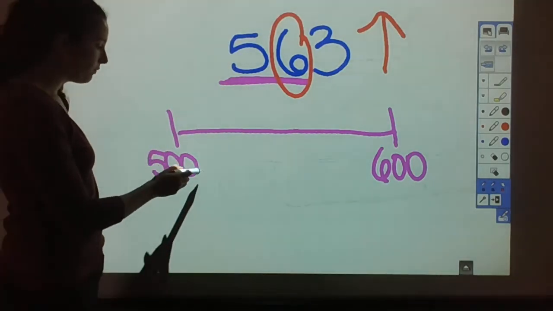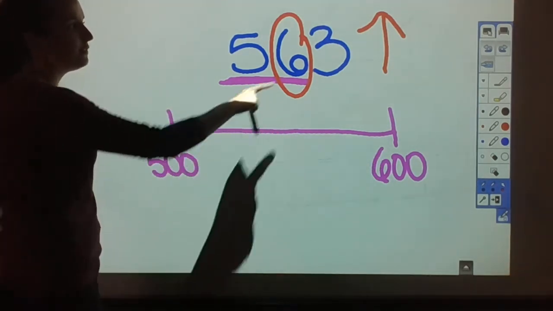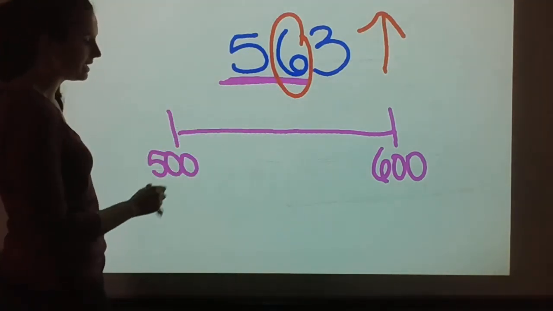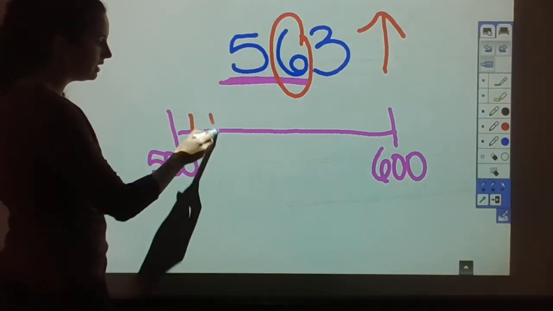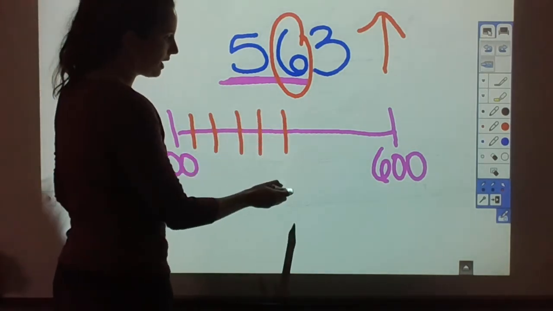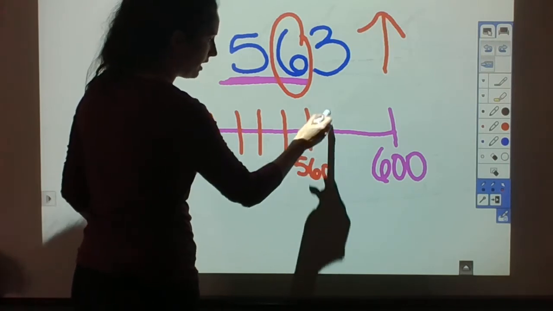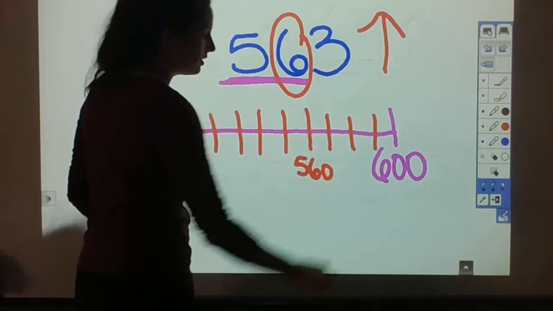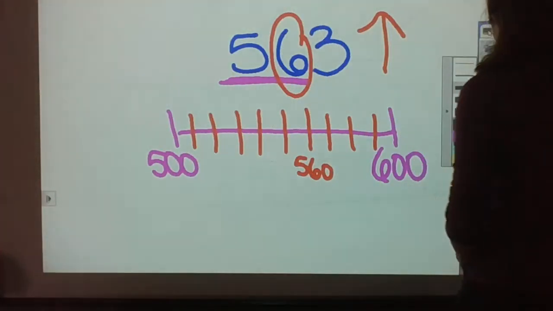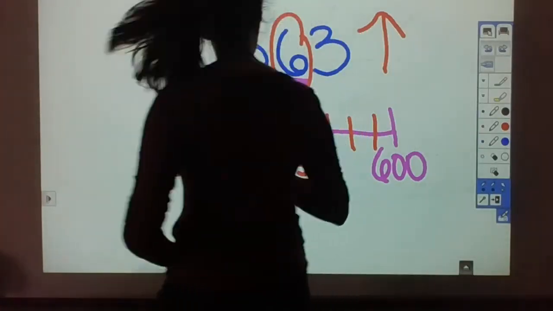In order to go from 500 to 600 on this number line, to find 563, I'm going to skip count by tens. I have 510, 520, 530, 540, 550. There's 560, 570, 80, and 590. 563 comes after 560, but before 570.